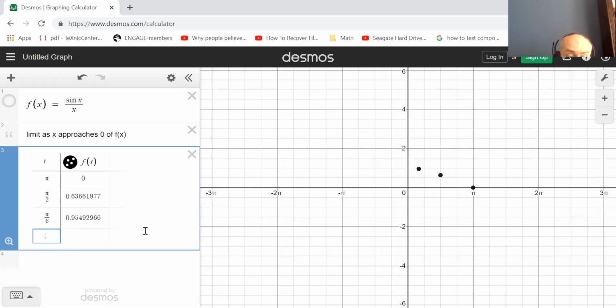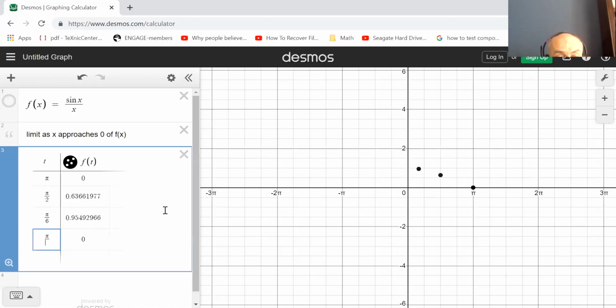So as you can see, pi over 6 is a very small number. If pi is about 3.14 and 6 is 6, obviously, then 3.14 divided by 6 is about 1/2. All right, so let's do the next thing. Let's do pi over 12.